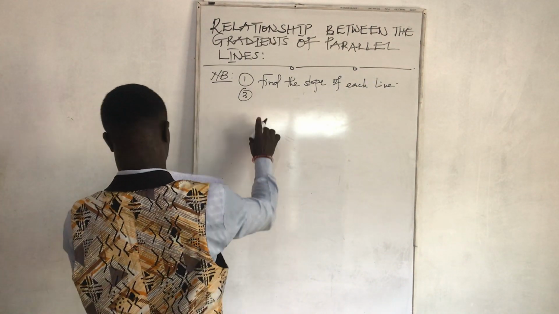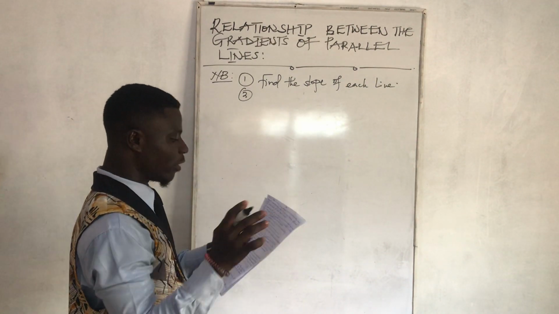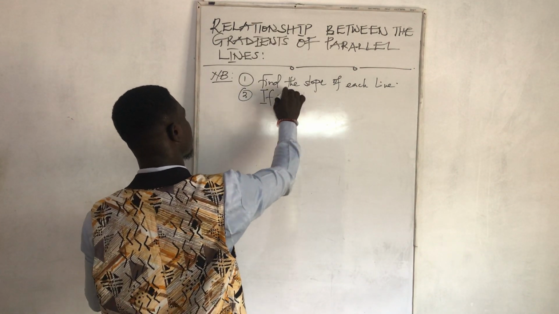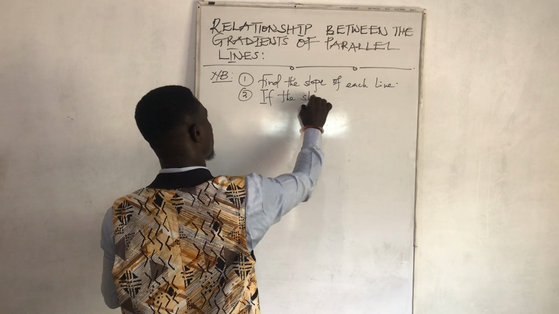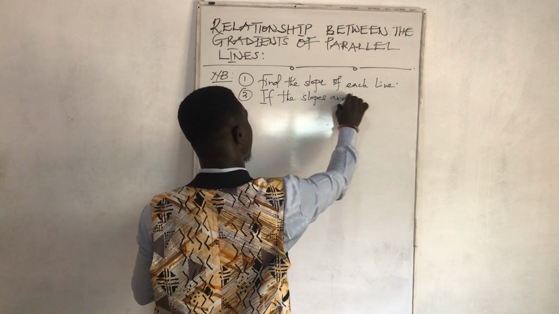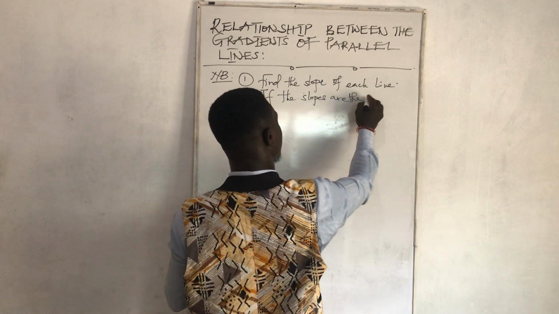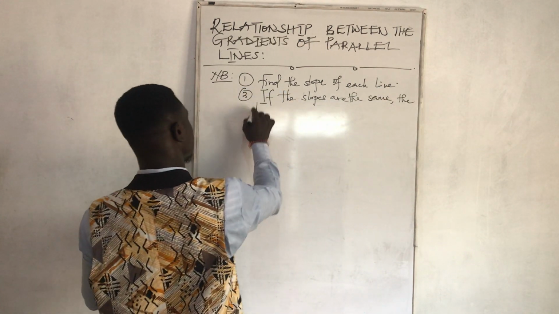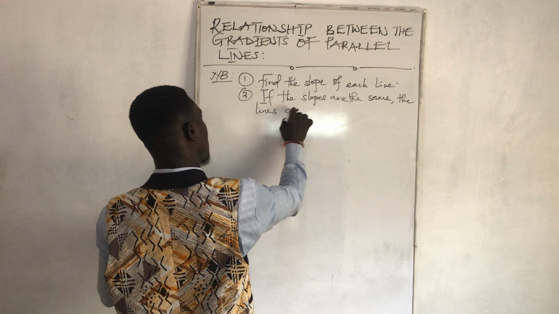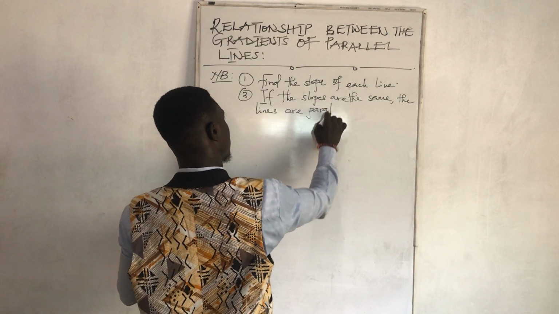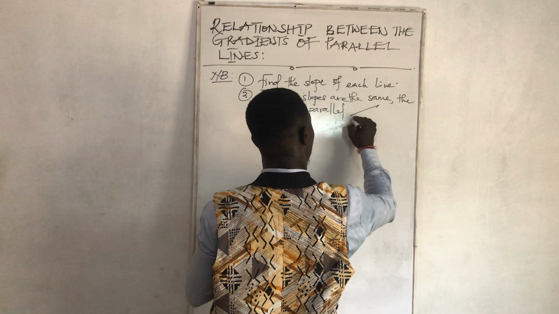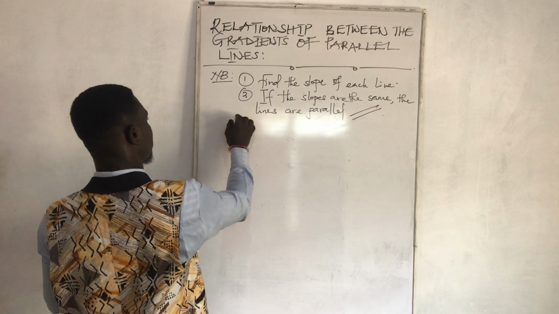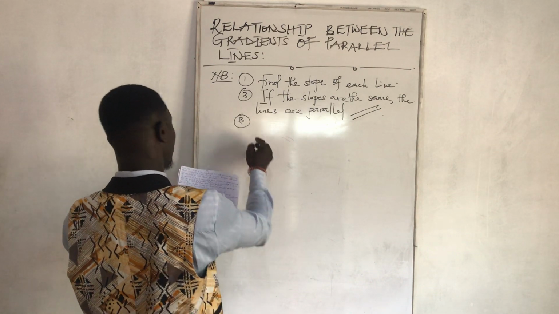Then 2, if the slopes are the same, the lines are parallel. That's the symbol for parallel. If the slopes are the same, then the lines are parallel.